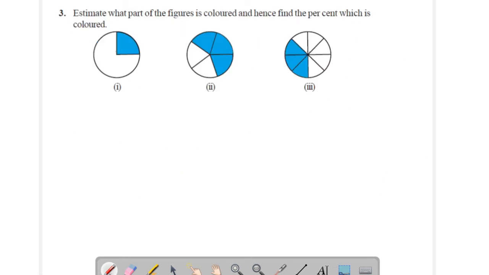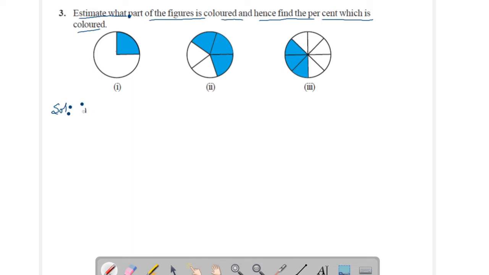Now come to question number 3. Estimate what part of figure is colored and hence find percent which is colored. Say first part solution.